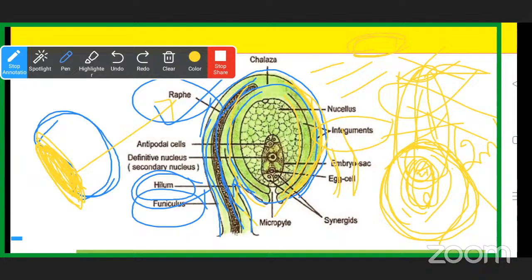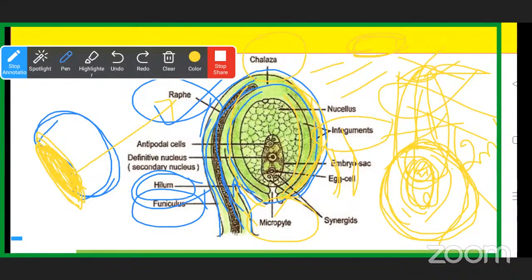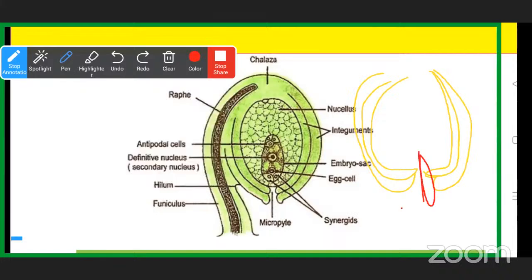Okay. And then in the ovule there are two ends. One is the micropylar end, another one is the chalazal end. Where the integuments, outer and inner, open up with a porous space, that open porous space of the integument is called the micropyle.